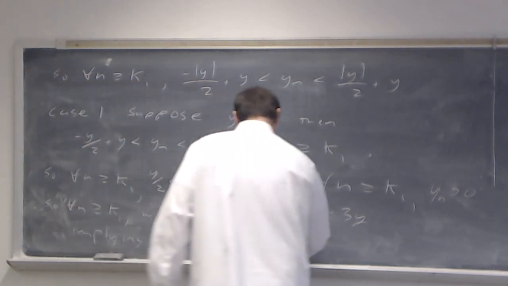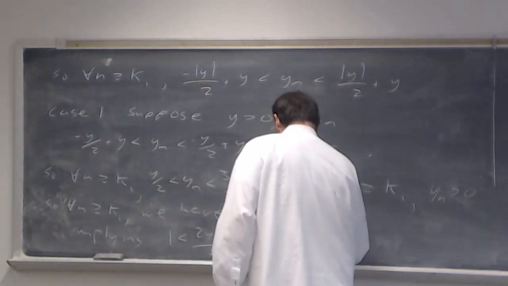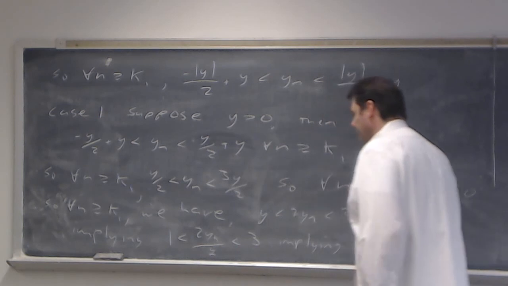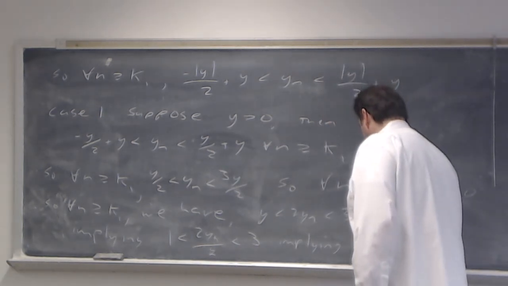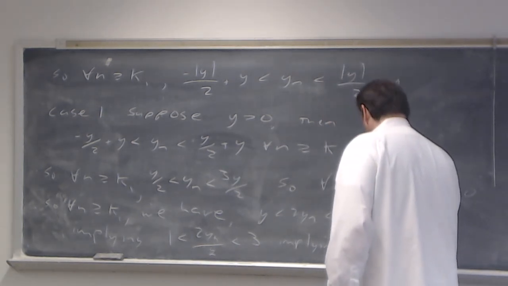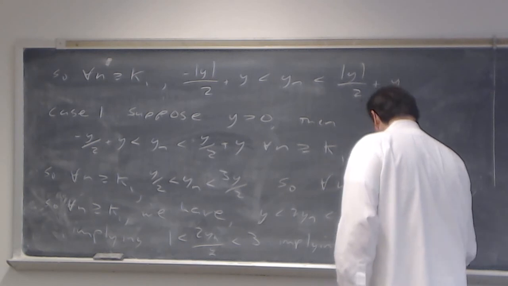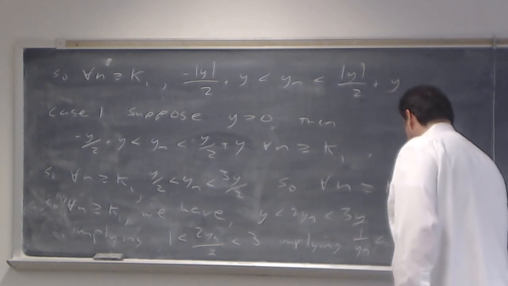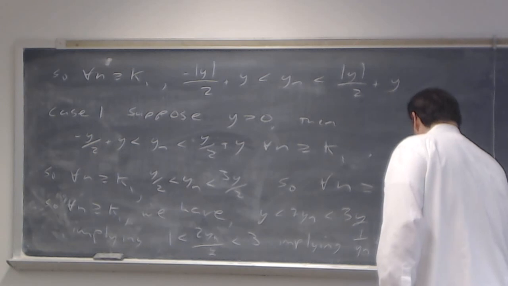And then, which implies, okay, now I'm going to divide everything by y sub n. So 1 over y sub n will be less than 2 over y, which is going to be less than 3 over y sub n.